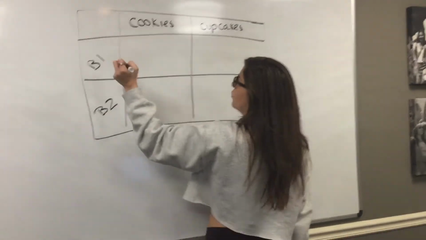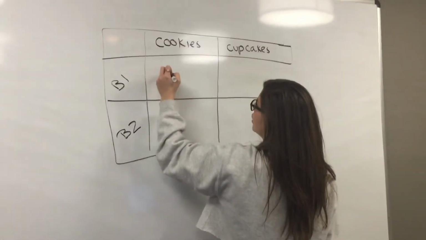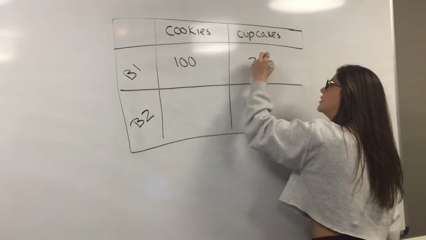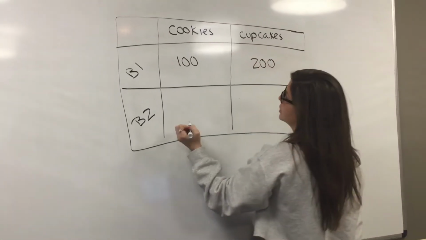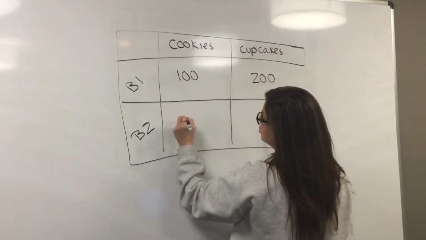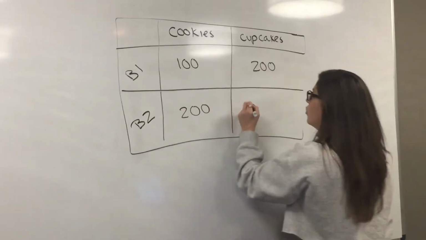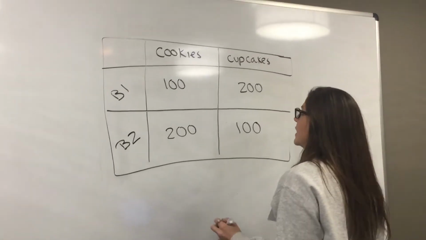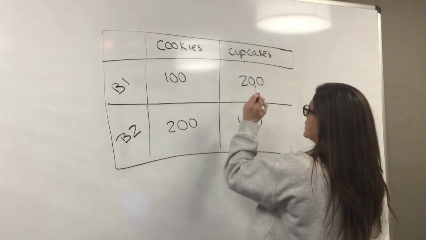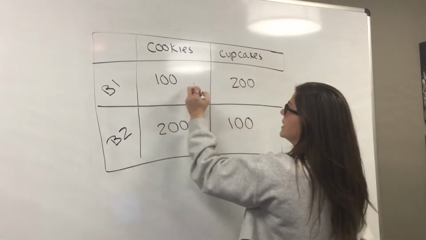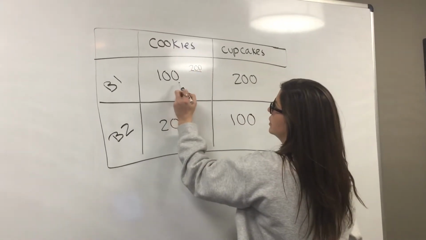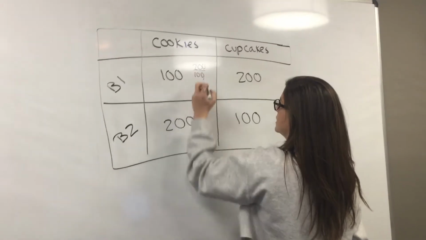All right, so what we heard before was that baker 1 can make 100 cookies but 200 cupcakes, and that baker 2 could make 200 cookies and 100 cupcakes each hour. So in order to find the comparative advantage, it's actually really simple. You're just going to place the number of cupcakes that baker 1 has over top of the number of cookies that baker 1 has.